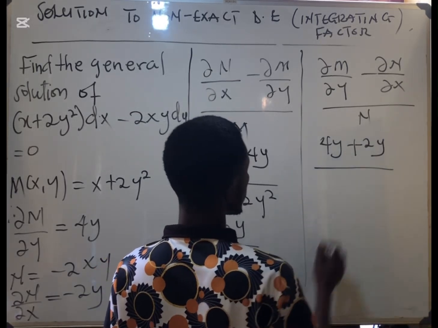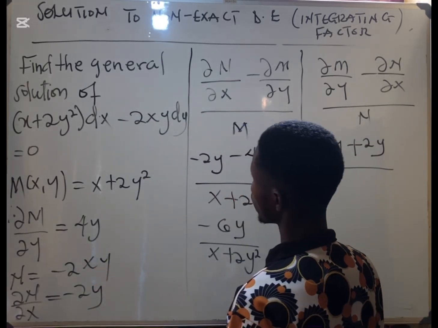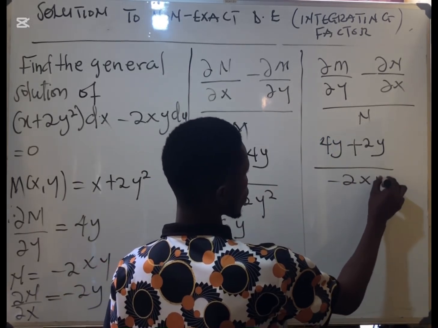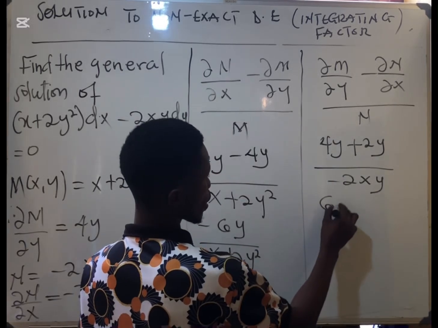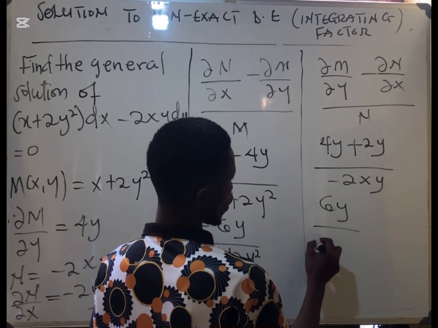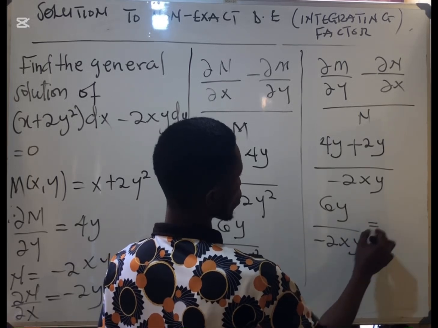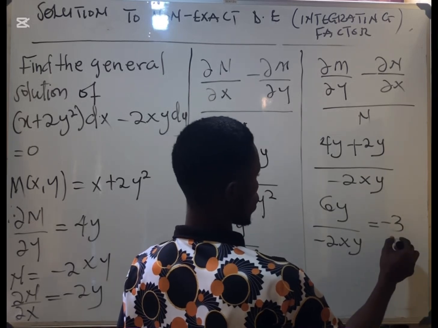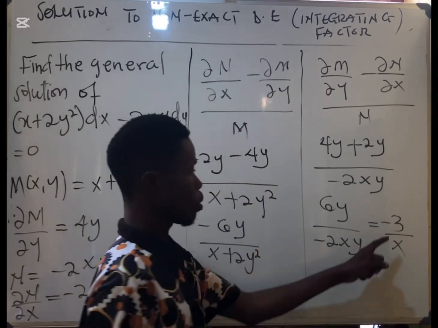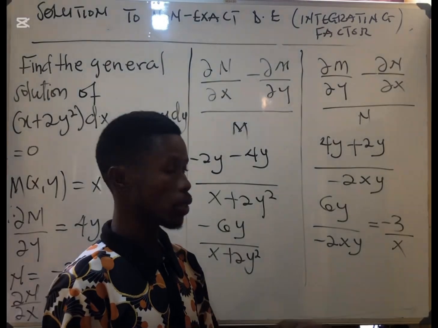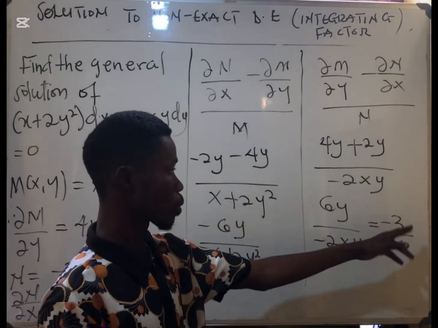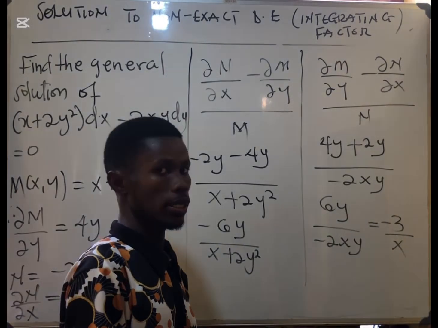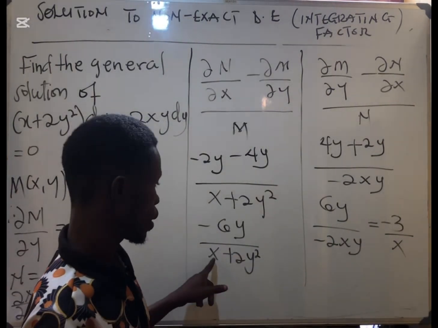And the whole of this one is divided by N. Our N is negative 2xy. So this will give us 6y over negative 2xy. And this will give us 2 goes here. So we have negative 3, y cancels y, all divided by x. So we have negative 3 over x. Meaning that it is only depending on x, not y.